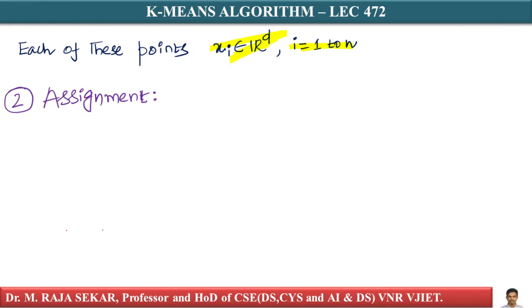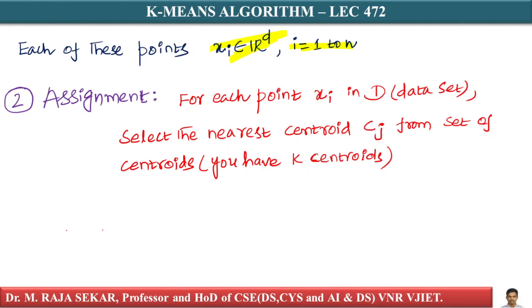So in the assignment step, what we will do is this: for each point xi in your data set D. What is my data set D? My data set D is x1, x2, and so on, xn.